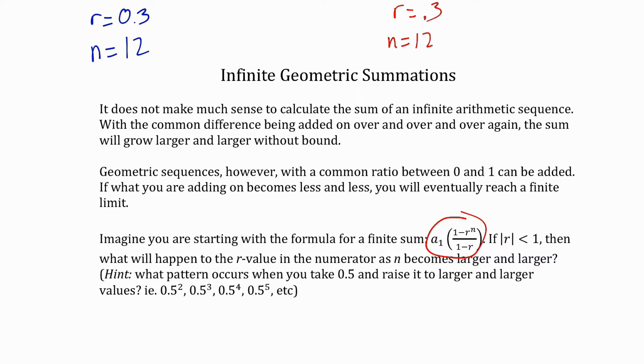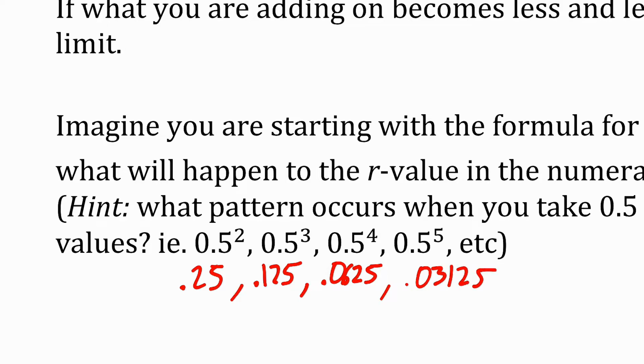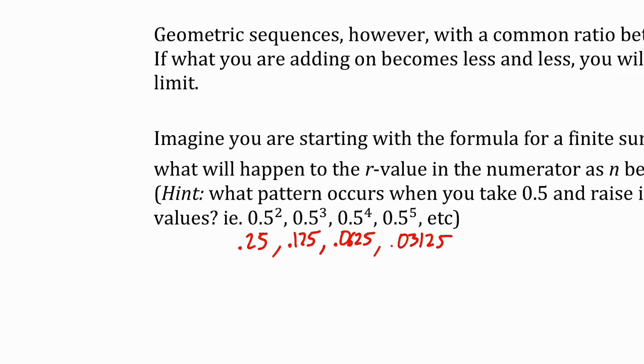What's the pattern where we take 0.5, so let's pretend that's our r value, and raise it to larger and larger values? 0.5 squared is 0.25. 0.5 to the third is 0.125. 0.5 to the fourth is 0.0625. 0.5 to the fifth, I don't know off the top of my head. I should check that. 0.5 to the fifth power is 0.03125. You'll notice the values are getting smaller and smaller.